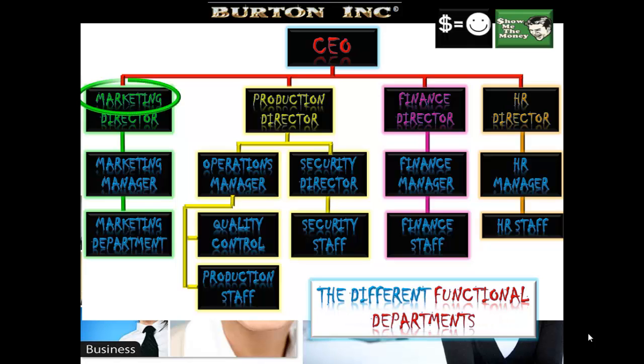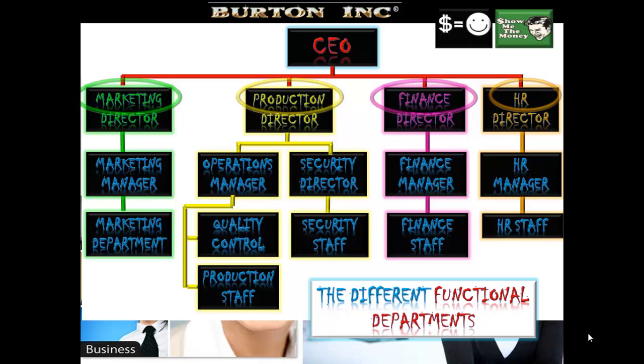Okay, we have touched on the different functional departments. In this organisation we've got marketing, production, finance and human resources. There may be other functional departments depending on what the organisation does and again how it's structured and who are employed. So there could well be a sales director, a sales department responsible for the management of sales staff.